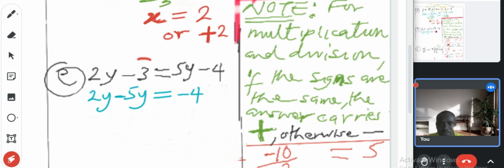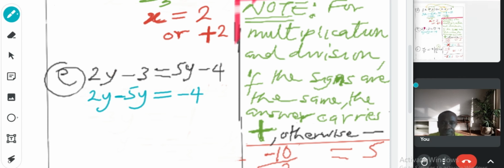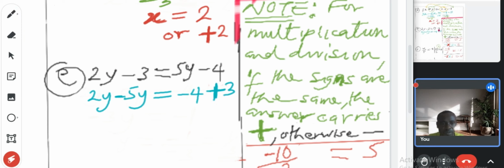So when minus 3 crosses over, what does it become? Pardon? When this minus 3 crosses over, what does it become? Plus. So it crosses over and becomes plus 3. Okay. So minus 3 crosses over and becomes plus 3.